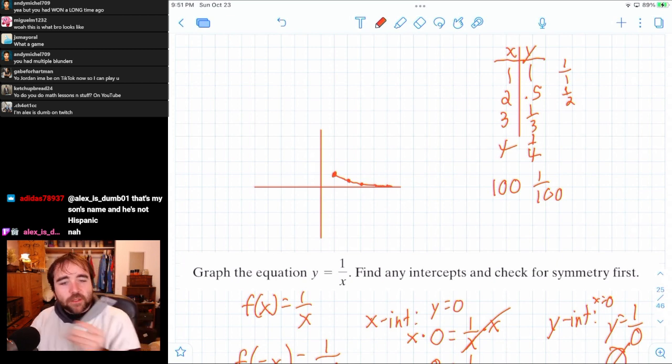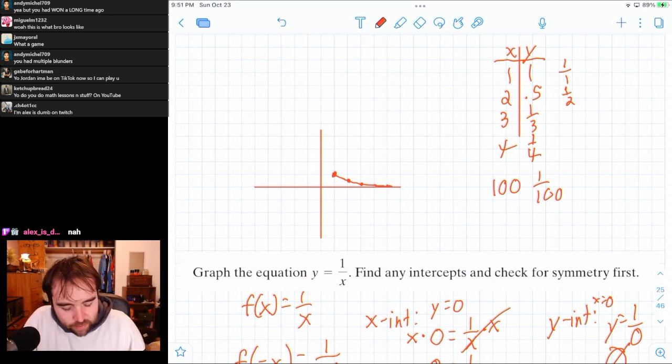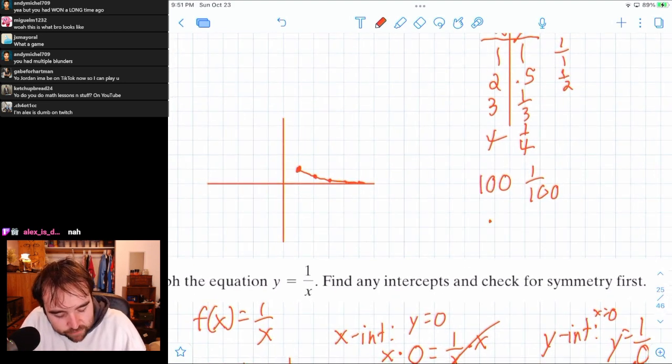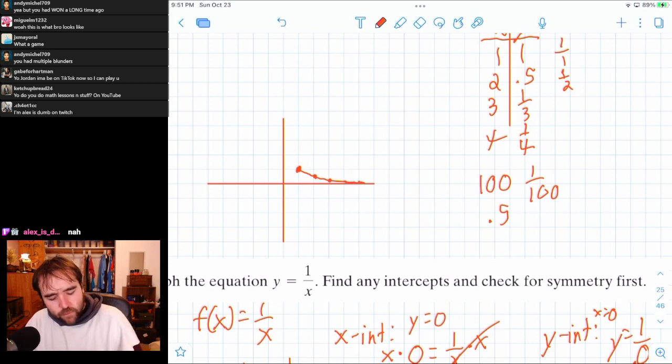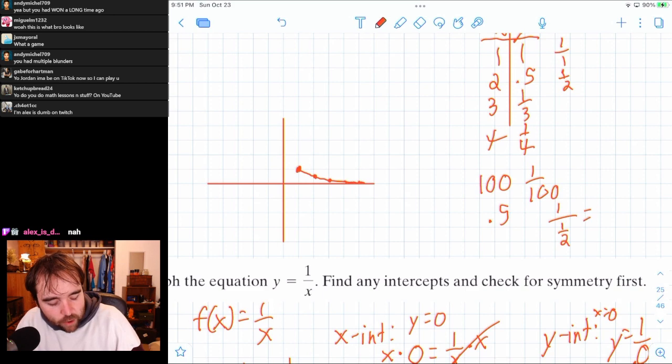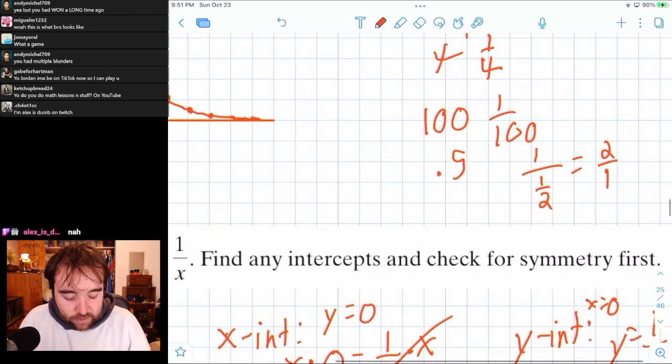And then what happens as it goes the other way? What happens if we plug in something like 0.5, like 1/2? Well, what's 1 divided by 1/2? If you divide by a fraction, this is just good to know: if you have 1 divided by a fraction, you just flip over the fraction. So that makes it a lot easier to see what's going to happen.